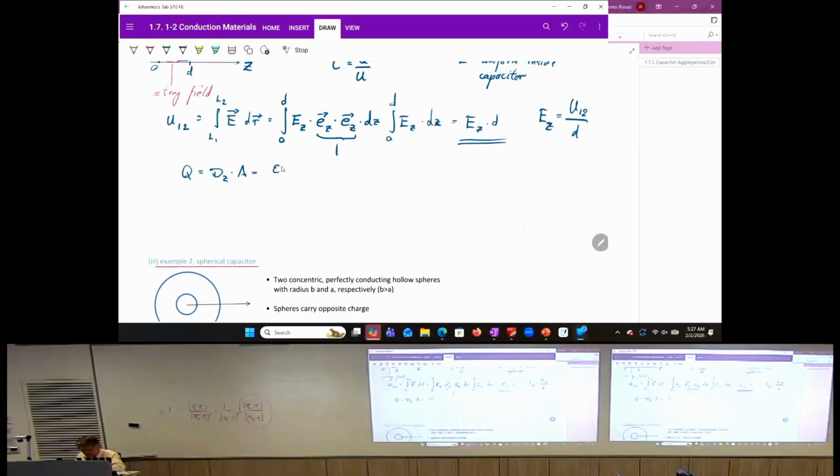So we know that the displacement field is given by epsilon naught times epsilon r, the material properties of the dielectric material within the two parallel plates, times the electric field, times the area.